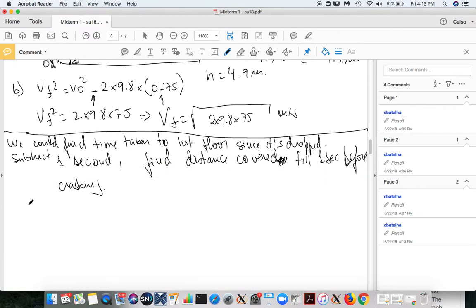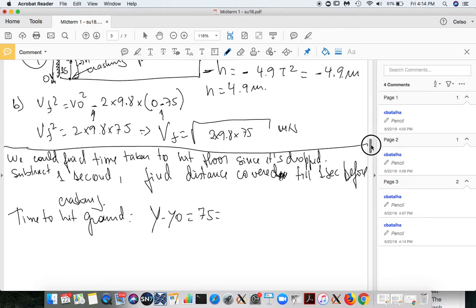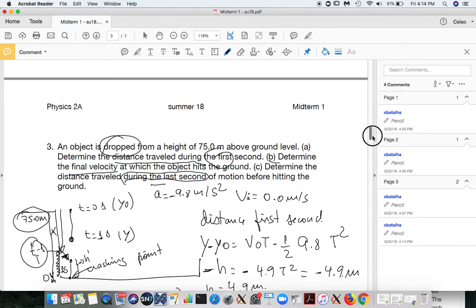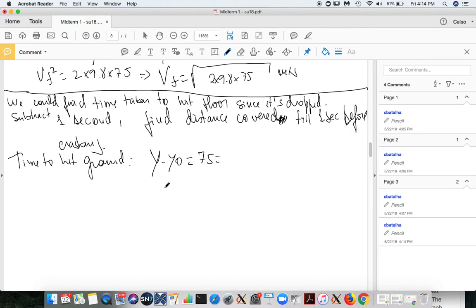What is the time to hit the ground? Y minus y naught, this is 75 meters.